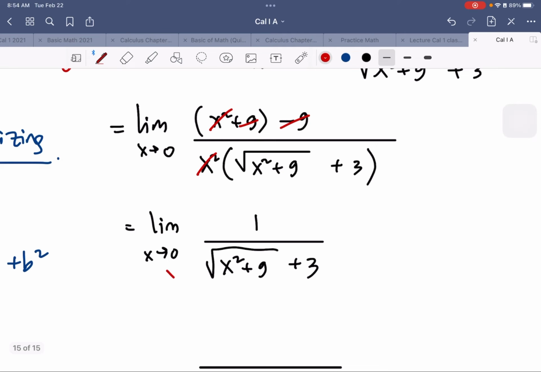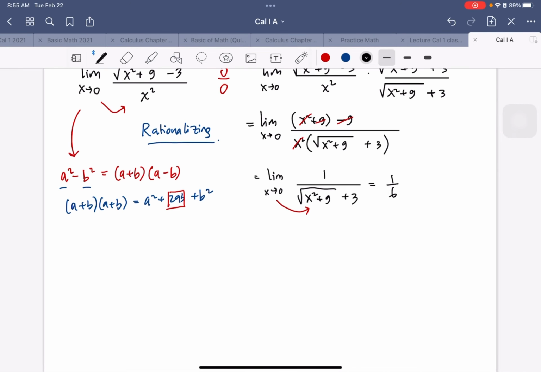Now we can evaluate: substitute 0 for x, and we see that it's going to be 3 plus 3, which is 6, so 1 over 6. So, rationalizing.